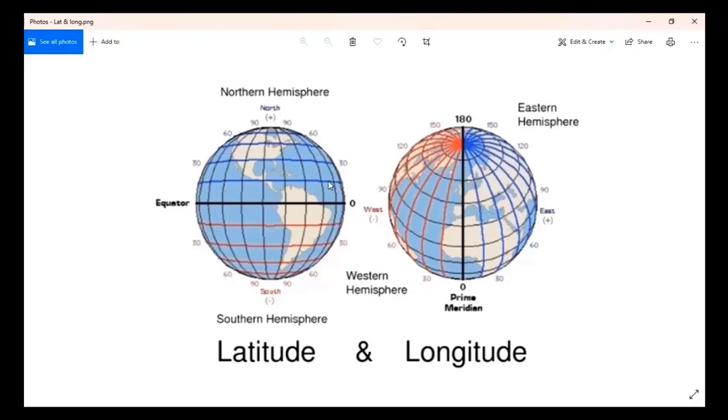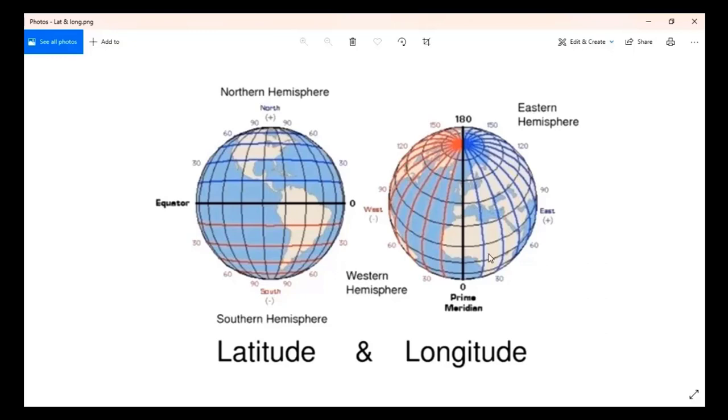These are known as the horizontal or y-axis, and they measure whether something is north or south of the equator. So this is the equator, and latitude measures if places are north or south of it.